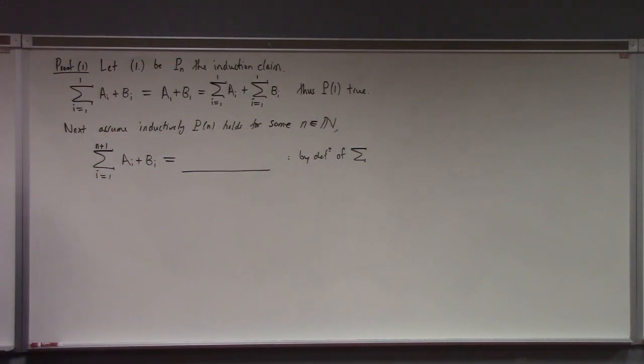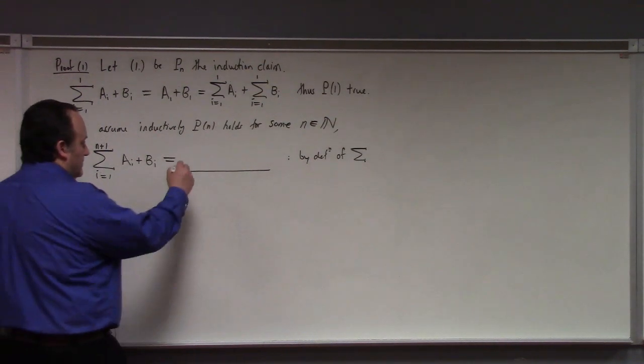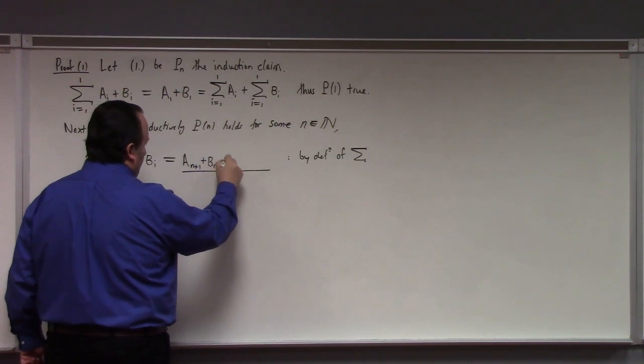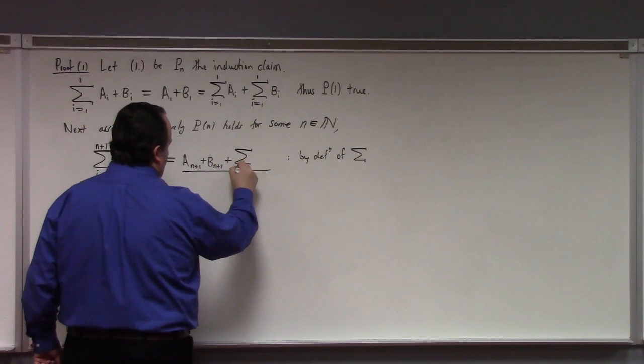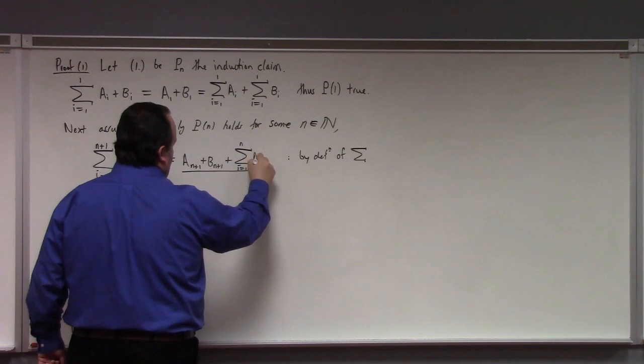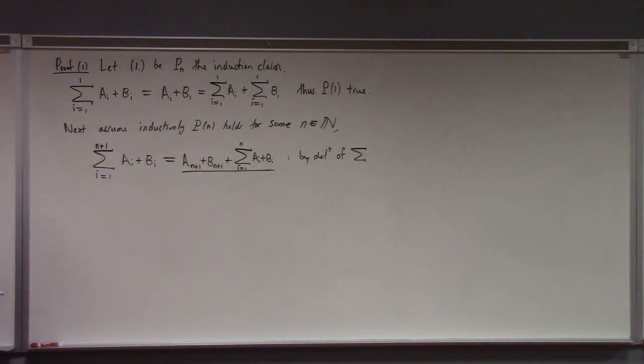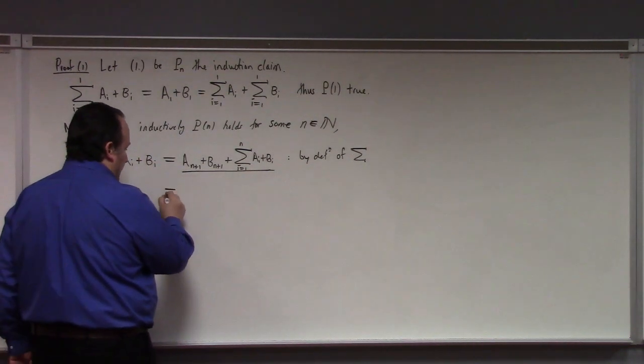What do I put here? a sub n plus 1 plus b sub n plus 1 plus the sum i equals 1 to n of a sub i plus b sub i. Very good. That's exactly it. That would be the right first step here. And then we're going to do a column stack proof here.